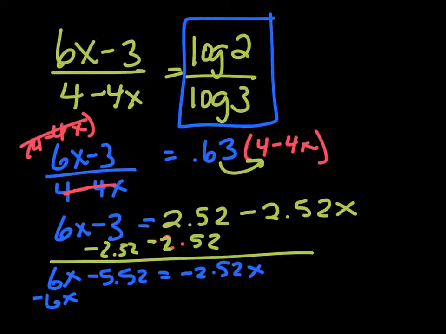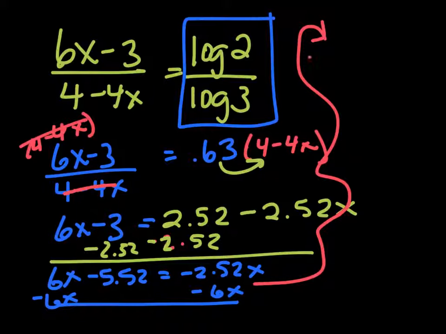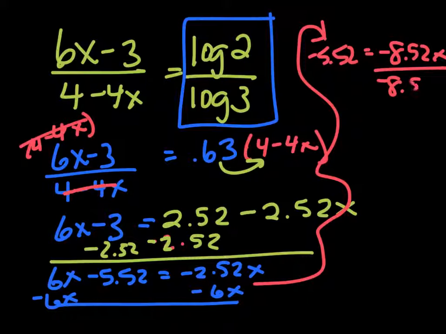Move over my 6x. That gives me, let's change colors and I'll come up here. Negative 5.52 equals negative 8.52x. And then divide both sides by negative 8.52. So negative 5.52 divided by negative 8.52 gives me my x is about 0.65.